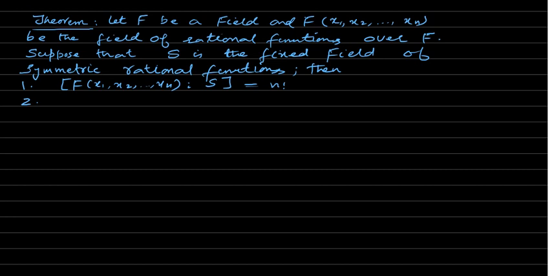Second part: the group of automorphisms of the field F(x1, x2, ..., xn) fixing S, where S is a fixed field, is exactly equal to Sn. वो जो Sn की ऑटोमॉर्फिज्म है ना, वही एक्चुअली S के एलिमेंट्स को फिक्स कर रहा है.